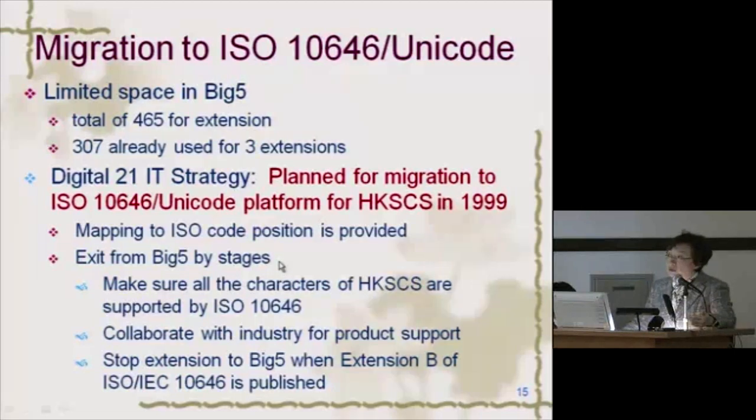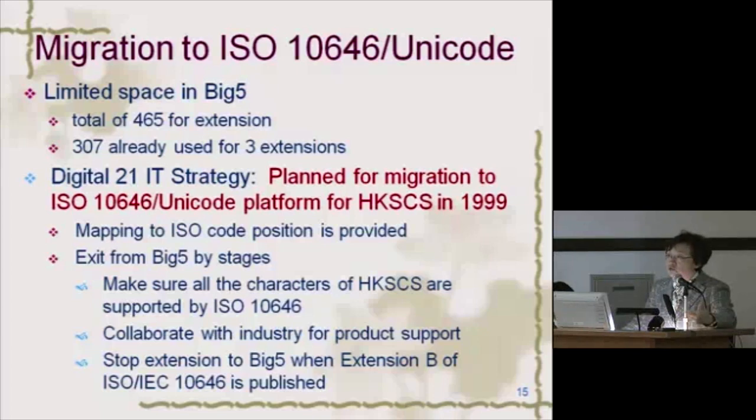Basically, the government had, during all this period, not only been providing the extensions and the procedures for the characters, but also at the same time working with the vendors to make sure these character fonts and their corresponding input methods are provided for free. And they can be downloaded through the web.